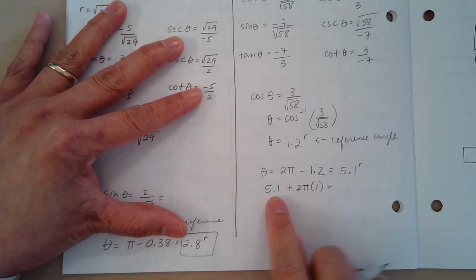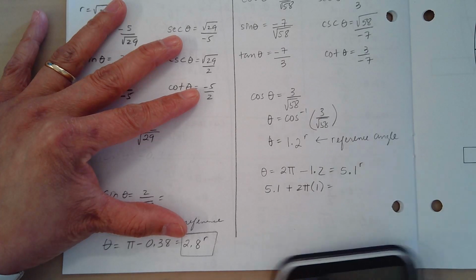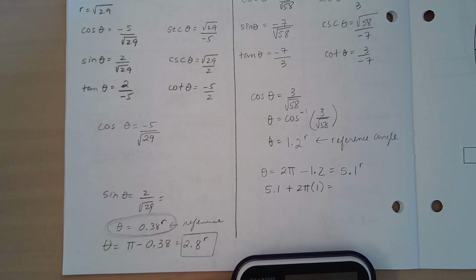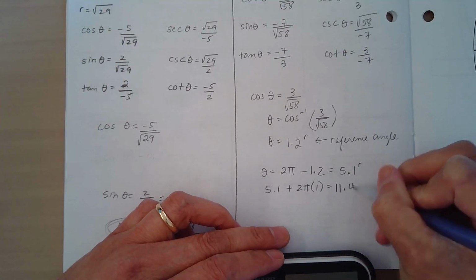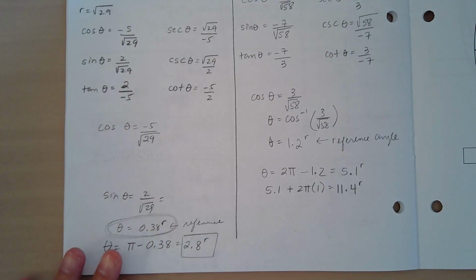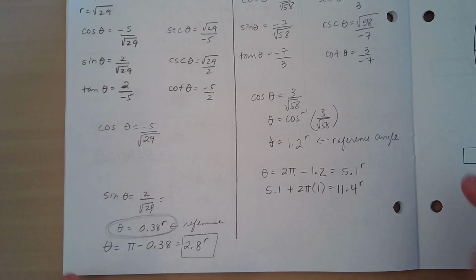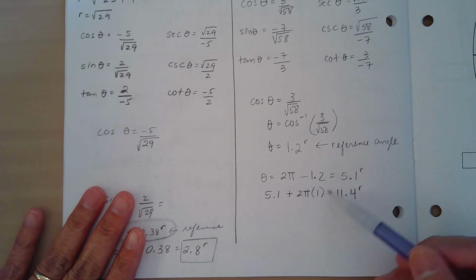That's what coterminal does. So 5.1 plus 2 pi is going to give us 11.4 radians. Okay, is that good? Can we go another round?